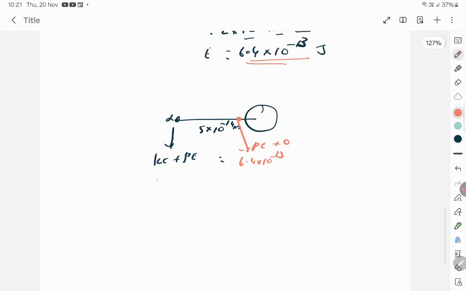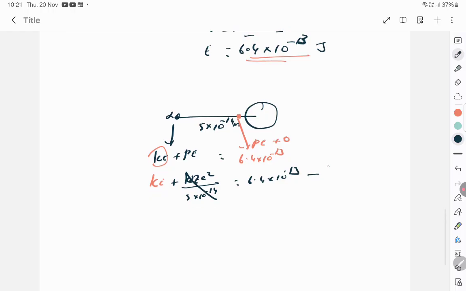So this kinetic energy is what they are asking you to find at a distance. The potential energy formula is K times the product of the charges over R, here K · 2Z e^2 by R, with R being 5 × 10^-14 at this distance, is equal to 6.4 × 10^-13.